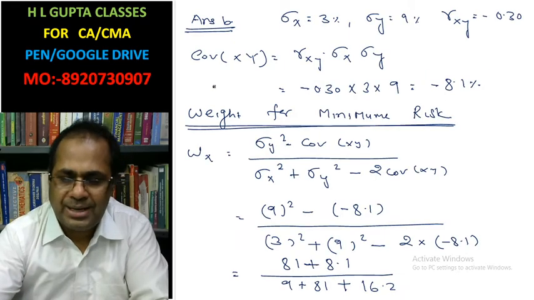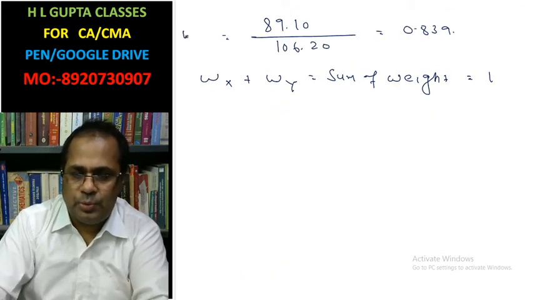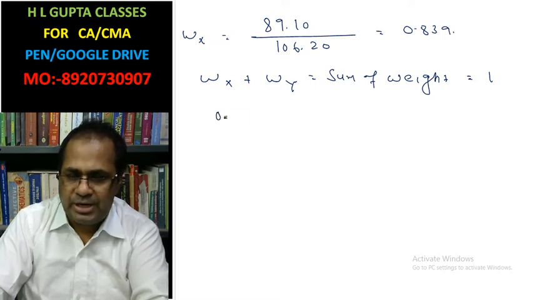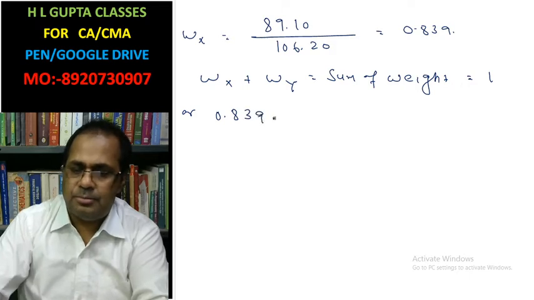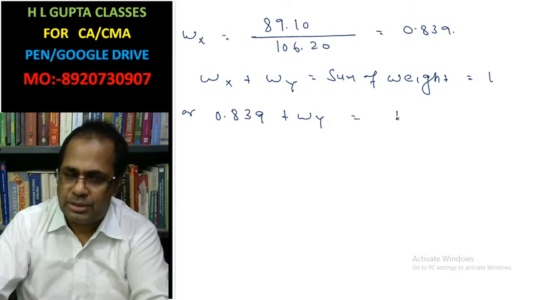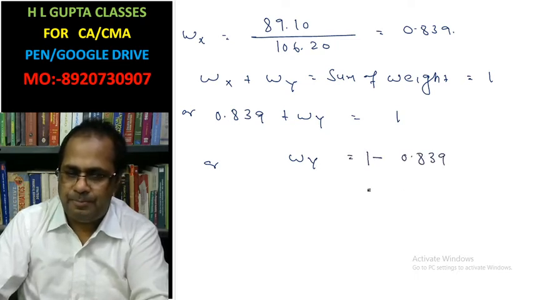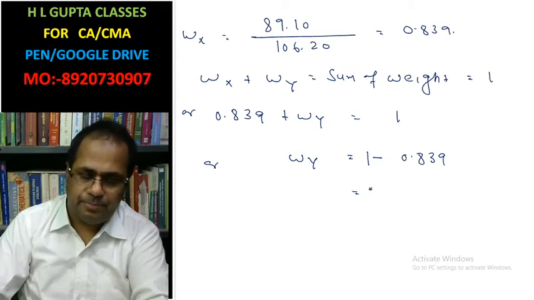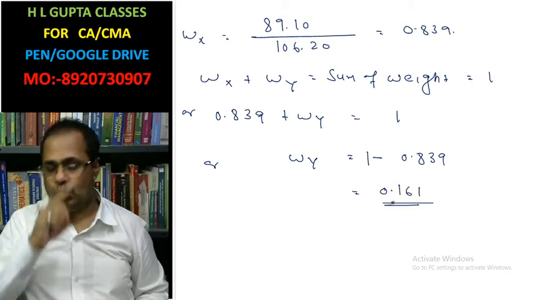If we have calculated that weight x is 0.839, then weight y you need to calculate, that is 1 minus 0.839, that is 0.161. This is the weight of y.